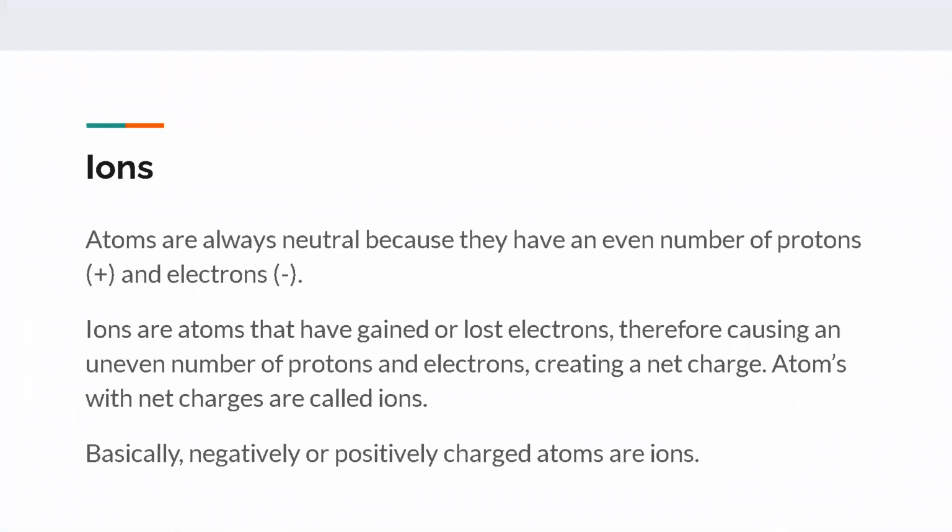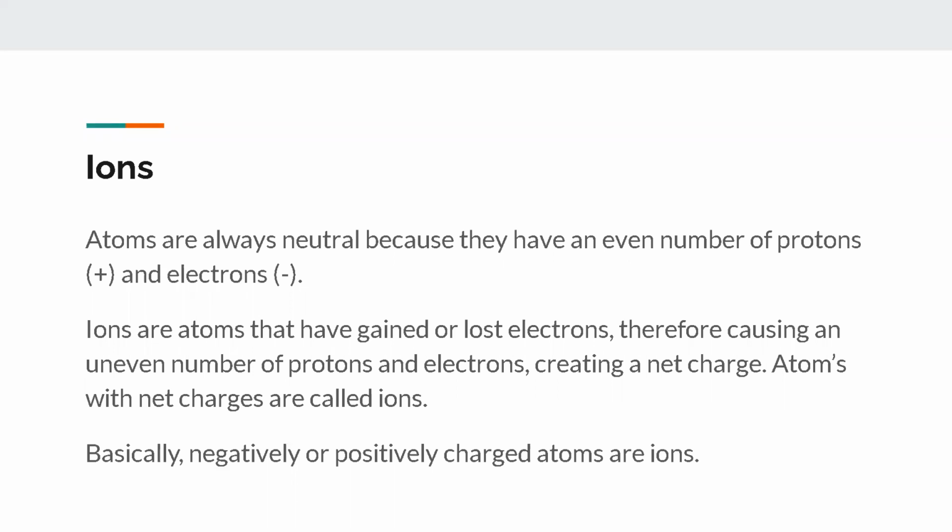Anyways, atoms are always neutral because they have an even number of protons and electrons. So ions are basically atoms that have gained or lost electrons, therefore causing an uneven number of protons and electrons, creating a net charge. So an atom with a net charge is called an ion.